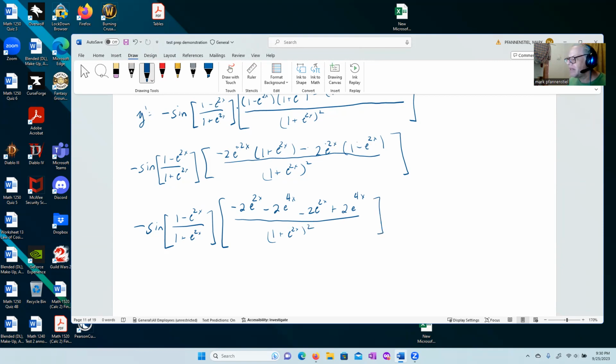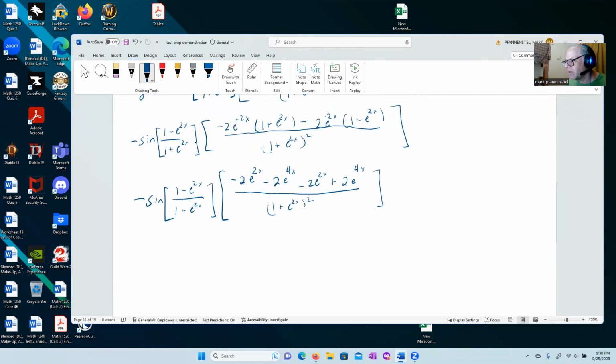Now we have some cleanup to do. So we have negative sine of 1 minus e to the 2x over 1 plus e to the 2x, and then what do we have here? Well, we have negative 2e to the 2x and negative 2e to the 2x, so that's a negative 4e to the 2x. We have a negative 2e to the 4x and a positive 2e to the 4x.